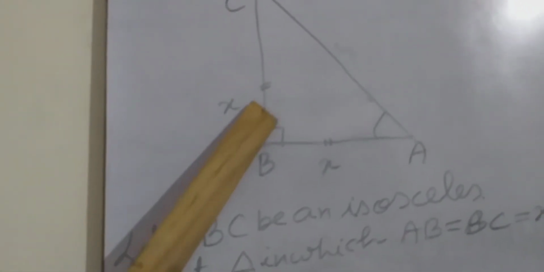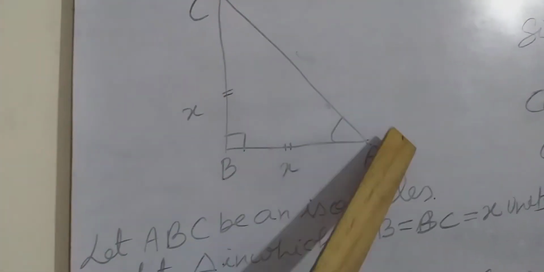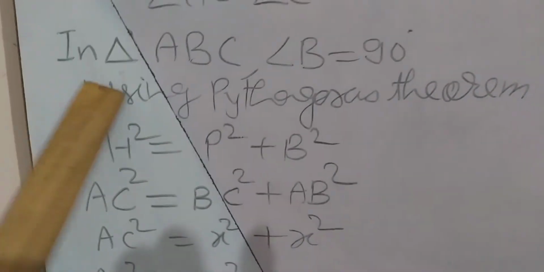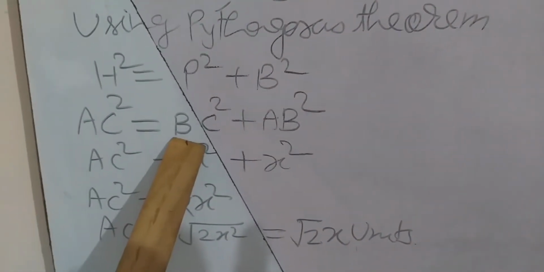Now students, in triangle ABC, angle B is 90 degree, so we can use Pythagoras theorem. AC square equals AB square plus BC square. BC is x and AB is also x.